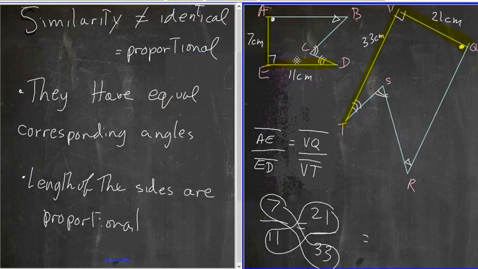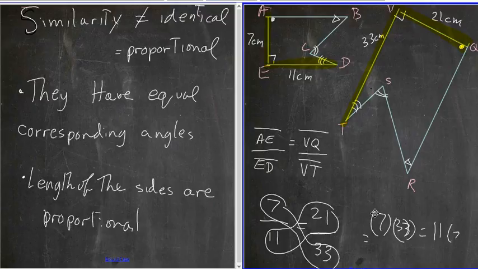So 7 times 33 is equal to 11 times 21. So if the cross products are equal, it means they're proportional.